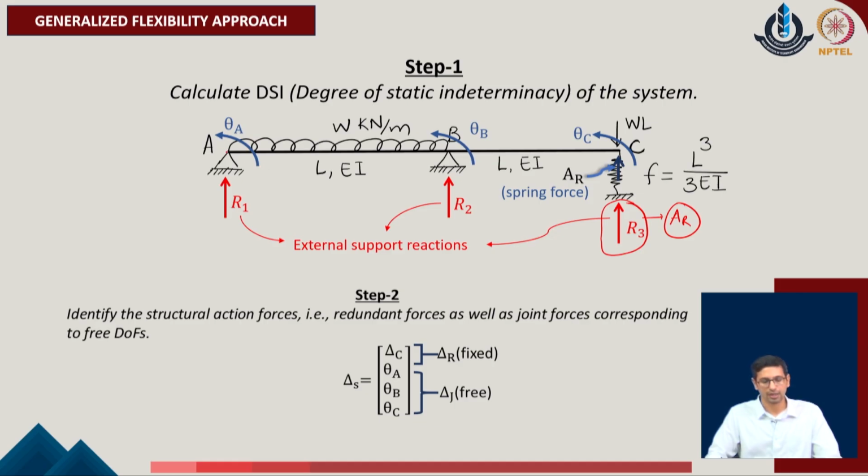So, we consider that at joint A, joint B and joint C, the rotations are free to take place, which makes us say that in the given problem now, other than the A of r, we also have 3 joint forces: joint force AJ1 with respect to the theta A in the given problem, joint force AJ2 corresponding to the direction of theta B in the given system, and joint force AJ3 corresponding to the direction of theta C.